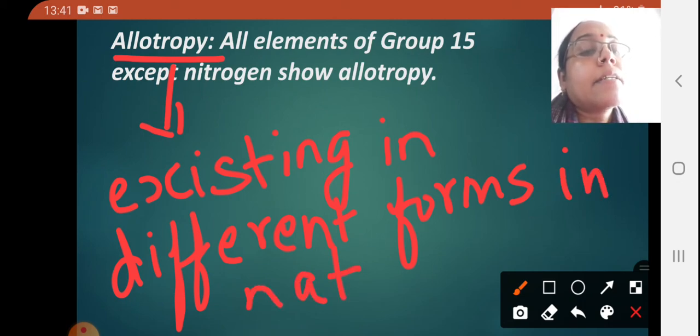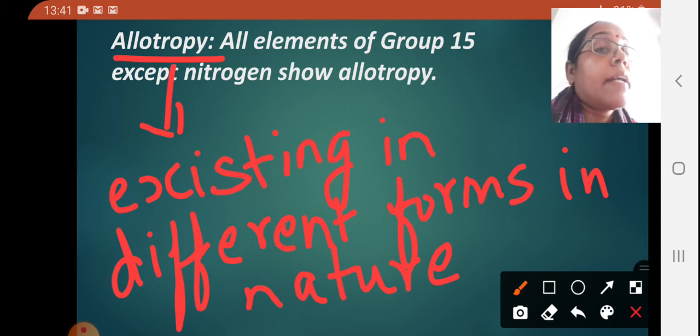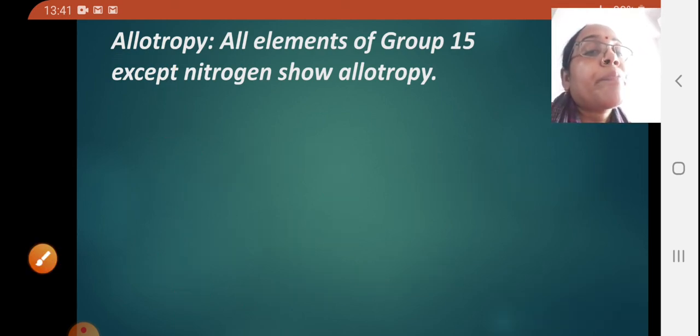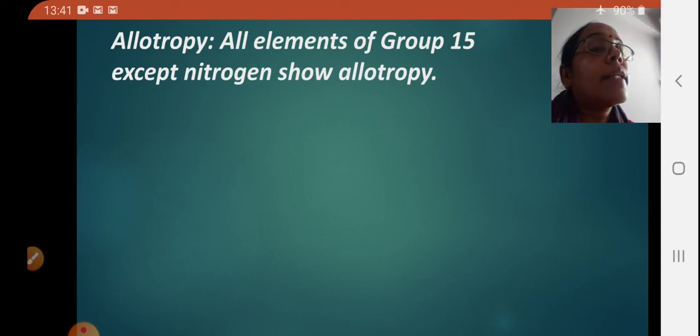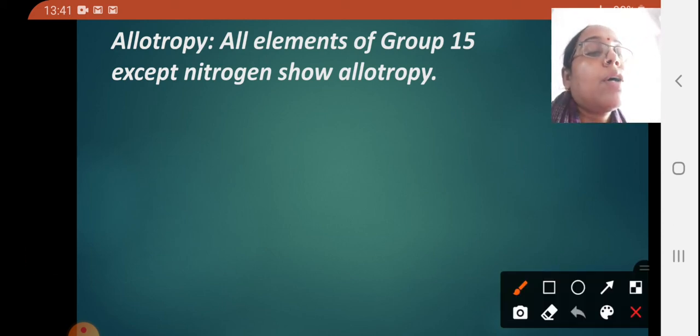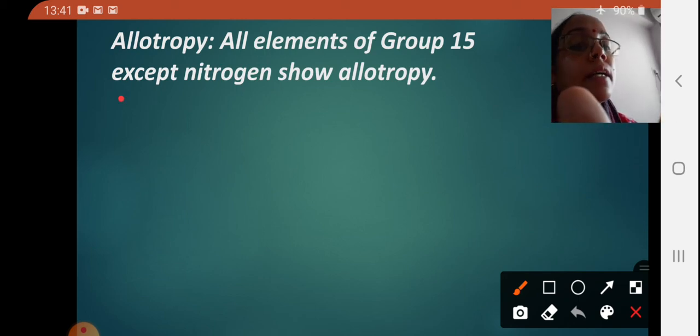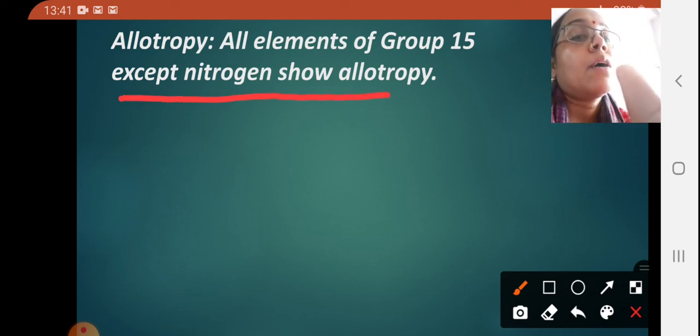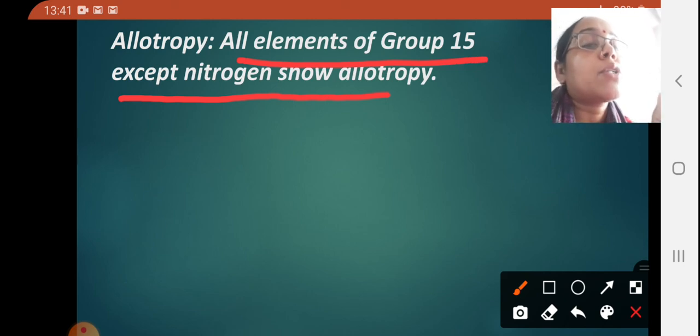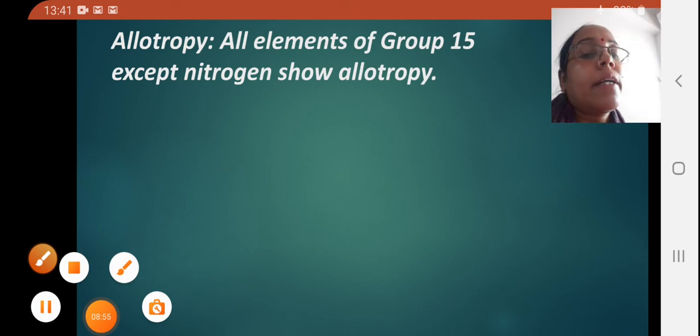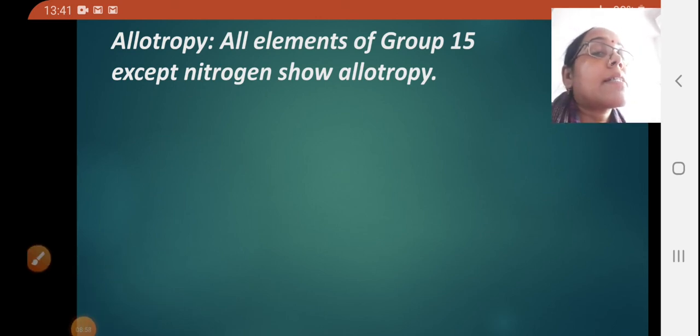When any element exists in different forms in nature, then that capacity of the atom is known as allotropy. So except nitrogen, all the elements of group 15 show allotropy. And allotropy means existence in different forms in nature.